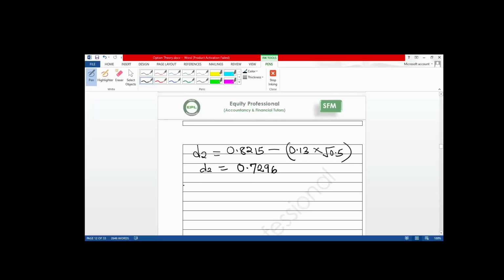Next, determine ND1 and ND2 using the normal distribution table, subject to plus 0.5 or minus 0.5.